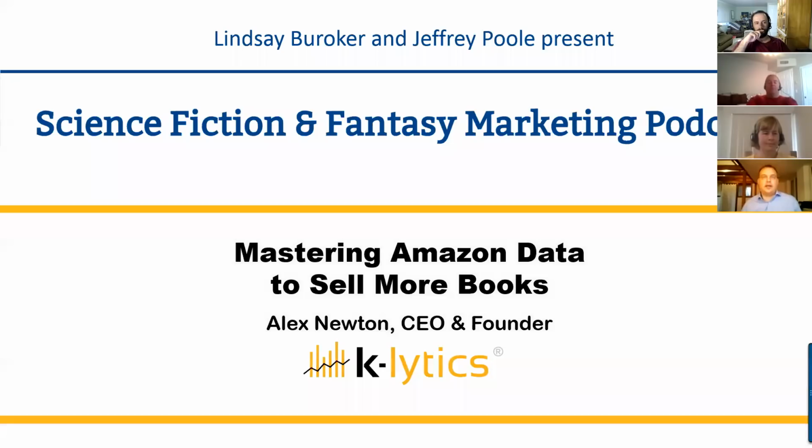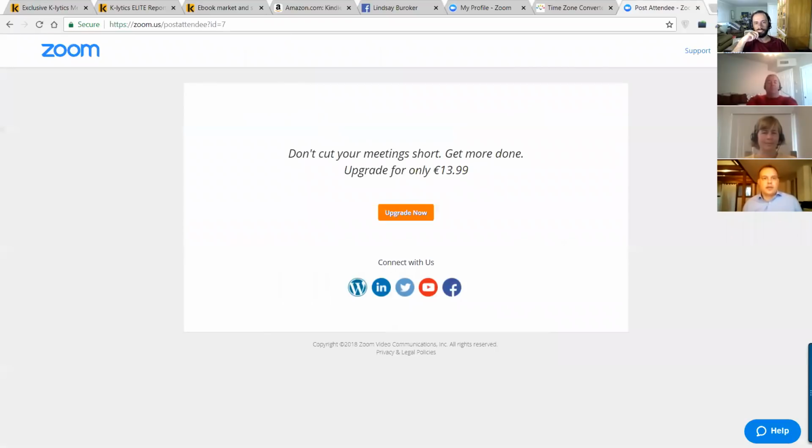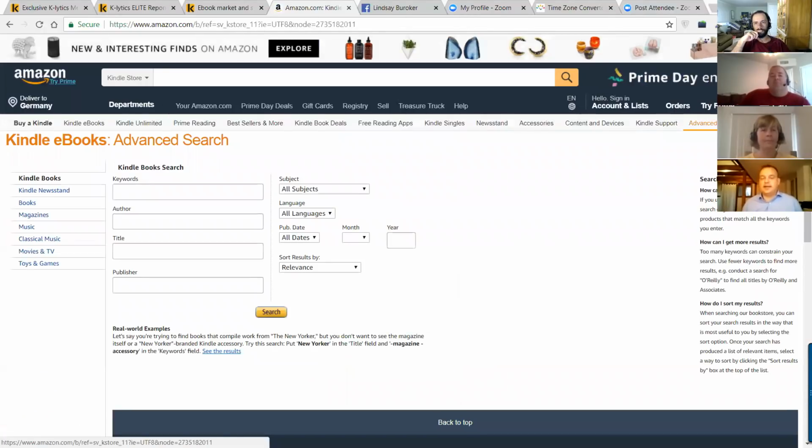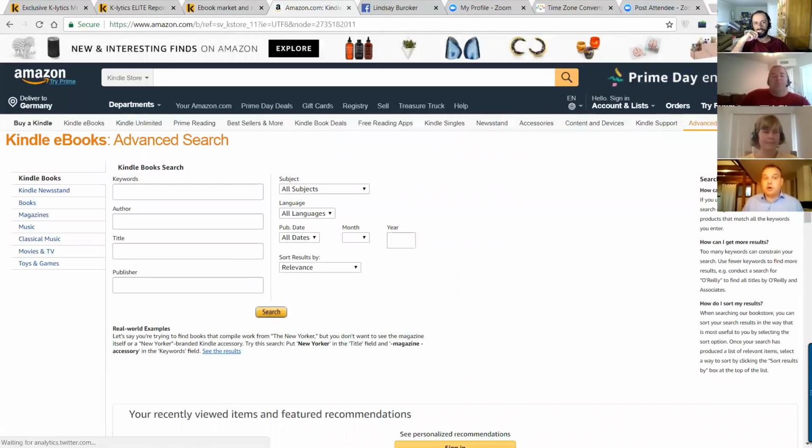So let me just go here on Amazon. If you go to the advanced search, which you have on the very right-hand side, if your screen is too small on Kindle, you make it smaller, otherwise Amazon lets it vanish.